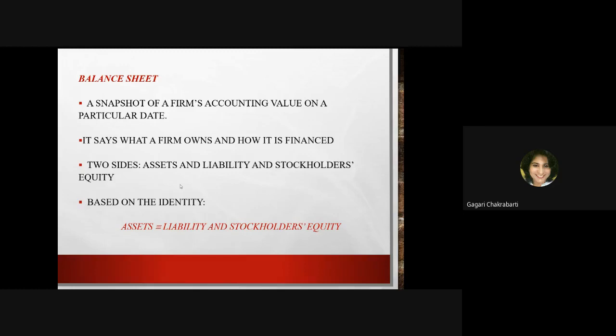So the publicly available information will include the financial statements of the firms. So here we shall be talking about the balance sheet and the income statement, and I'll not be going into the cash flow statement, and then financial ratios, and later on I shall try to compare this analysis with the stock prices of the firm that I'll be choosing.